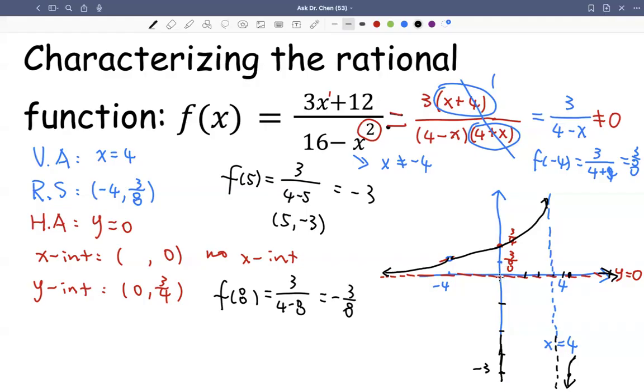So 3 over 8 is this much, and negative 3 over 8 is somewhere here. So we can graph this side. This side of the graph looks like this, because we have those two asymptotes. The graph gets closer and closer to the x-axis, and closer and closer to the vertical asymptote of x equals 4. So I have these two pieces.